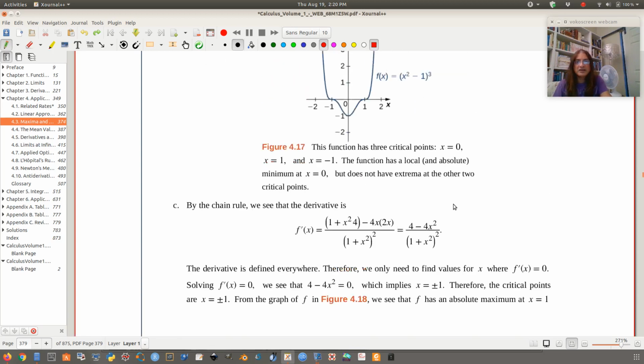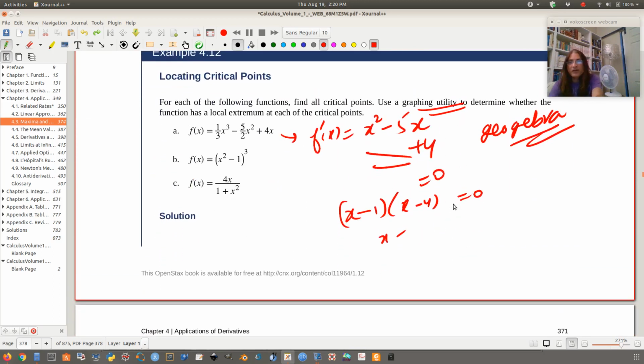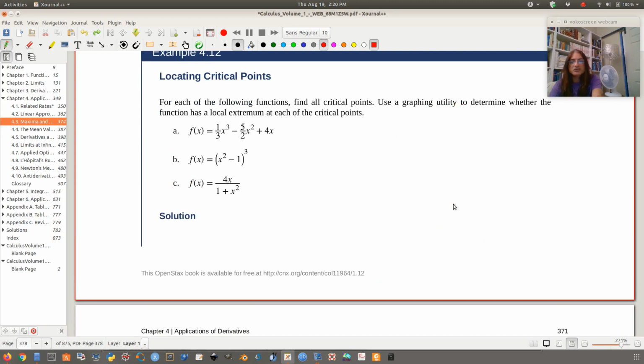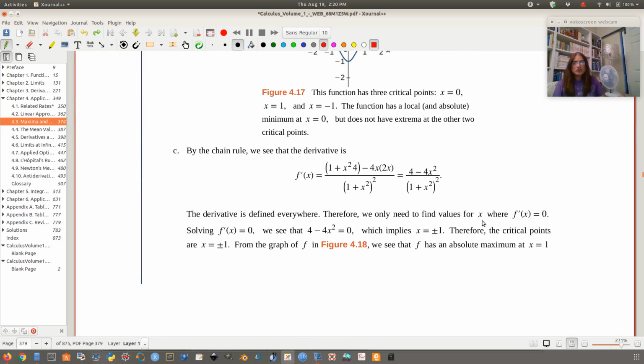And similarly here, the third function is 4x over 1 plus x squared. So apply the u over v formula. We have a denominator v squared and then v du minus u dv, we get this function. To make it equal to 0, the top has to be equal to 0. 4 minus 4x squared has to be equal to 0.